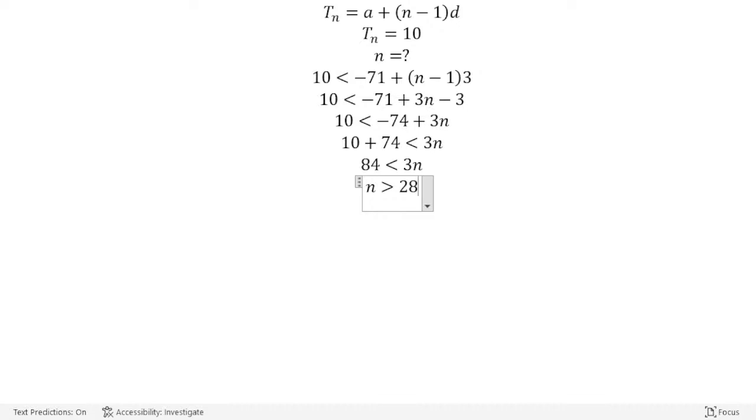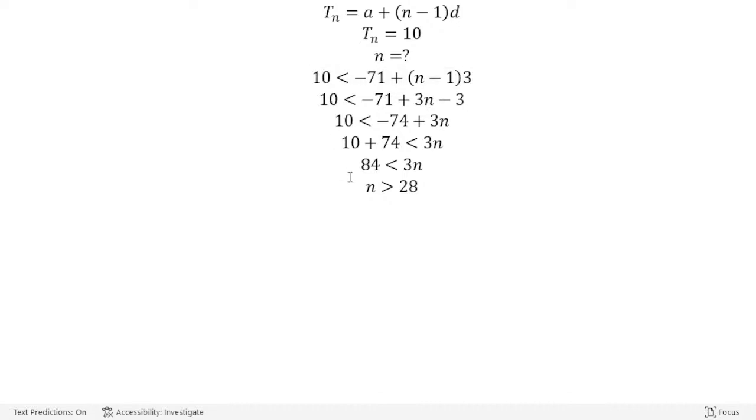So if n is greater than 28, what is the value of n? Remember, we were just using the inequalities to solve the problem, but we want the term. We don't want which term, we want the term that is greater than 10.